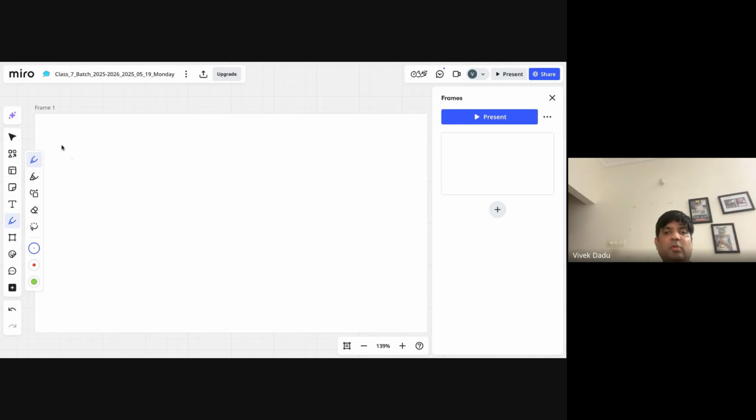Okay, so last class we did how to find instantaneous velocity when the graph is curved. So I'm picking up another graph. This time the equation is x equal to t square.